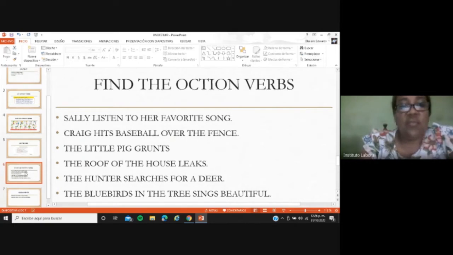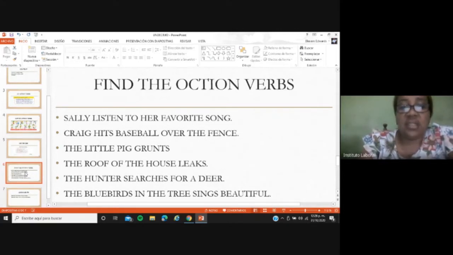The roof of the house leaks. Which is the action of this sentence? The roof of the house leaks. The roof es el techo of the house. Leaks, ¿verdad? Gotear. Gotea.